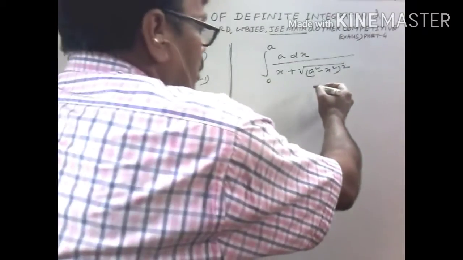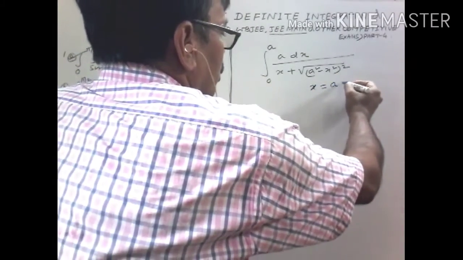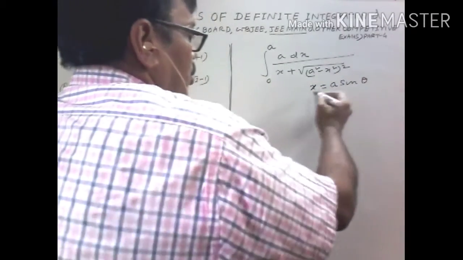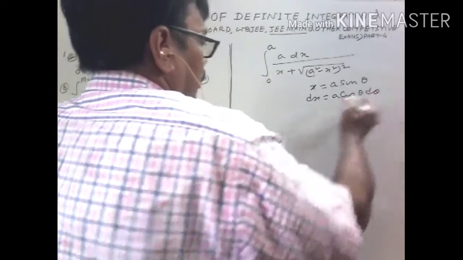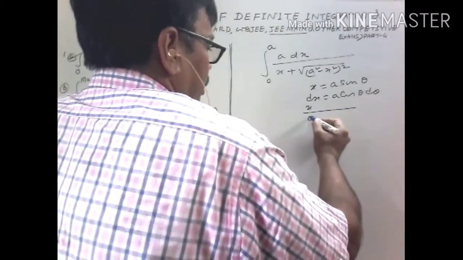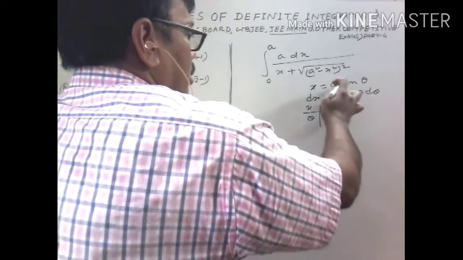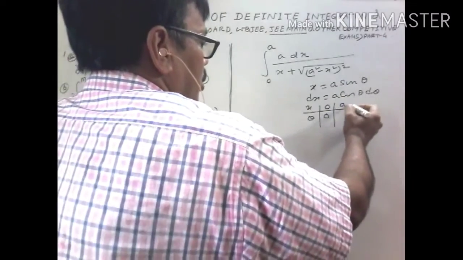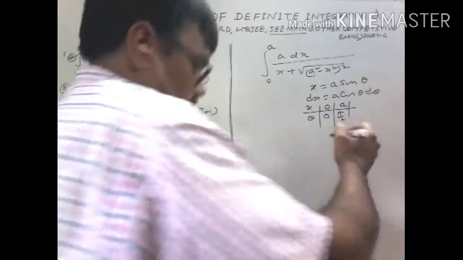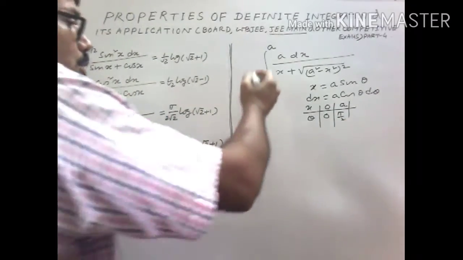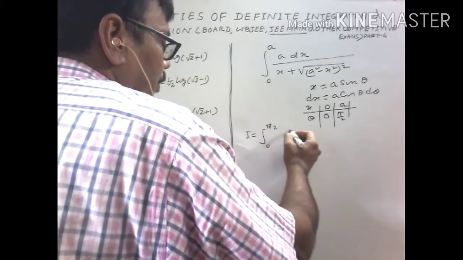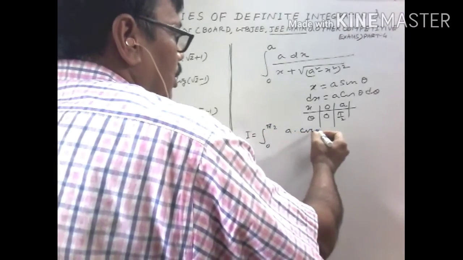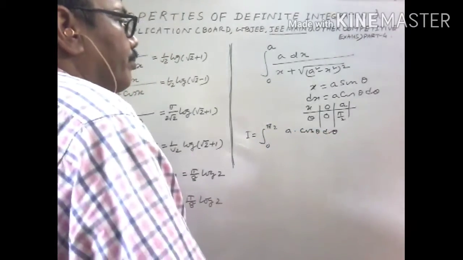What is the trigonometric transformation? x equals a sin theta or a cos theta. So dx equals a cos theta d theta. Then change of limit: x equals 0 gives sin theta 0, so theta is 0; x equals a gives theta equal to pi by 2. So the integral equals 0 to pi by 2 a cos theta d theta.